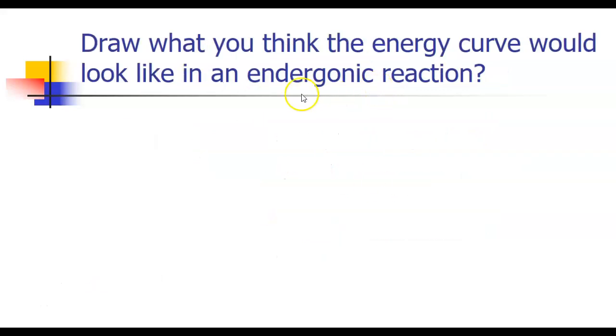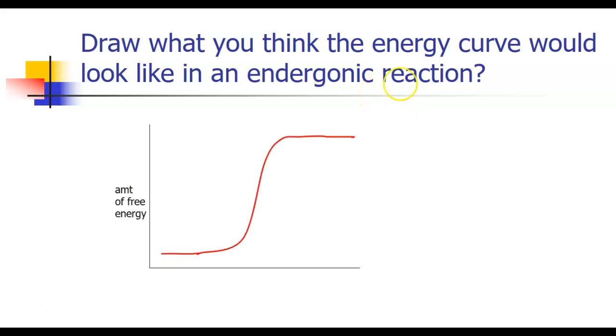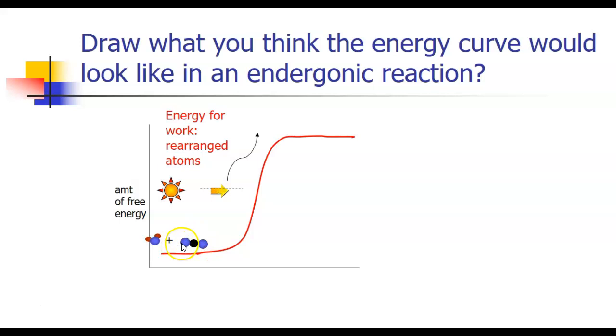Now if I tell you an endergonic reaction is the exact opposite, where energy is going to go into the reaction, did you ask yourself, what do you think an energy curve would look like? Hopefully you already drew this when you looked at these slides beforehand, where if you're making a graph of the amount of free energy in an endergonic reaction, the products are going to have more energy than the reactants.